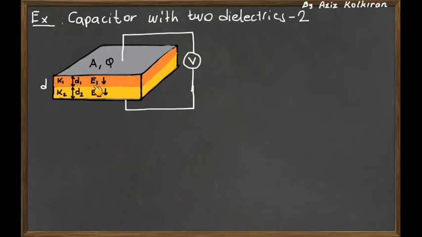Let's call one of the electric fields E1, which is for the dielectric K1, and E2 is for the second dielectric. Remember, for a parallel plate capacitor, the electric field is just sigma divided by epsilon 0 in between the plates, and sigma is just the surface charge density of one of the plates.